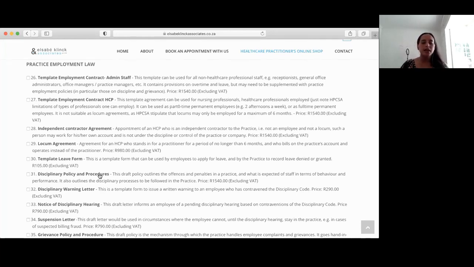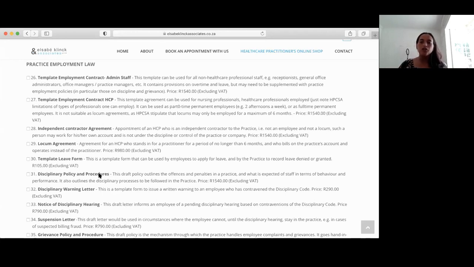I always say, say the notice of disciplinary hearing costs 790 rand. I ask people, okay, 790 isn't pocket change, but on the other hand, think how long it is going to take you to create the form yourself, and you don't even know if it's correct. So what is the opportunity cost if you charge, say, 700 rand for a 1 hour session?